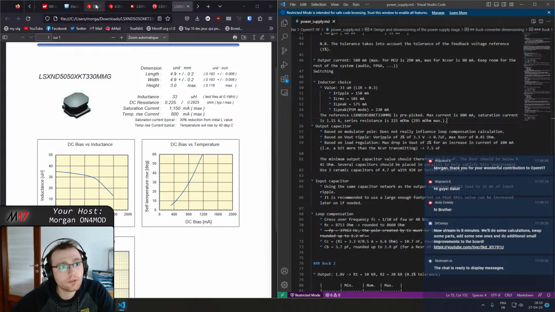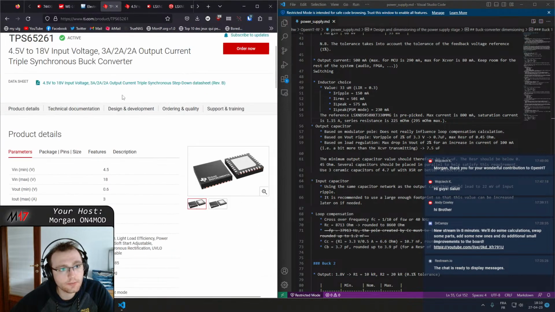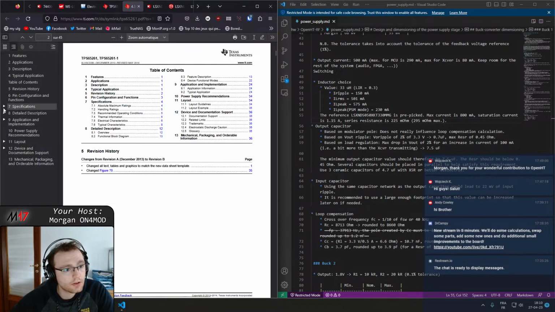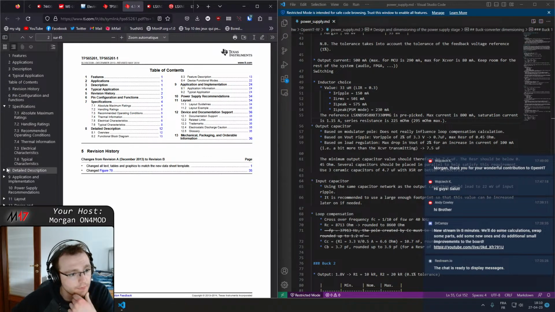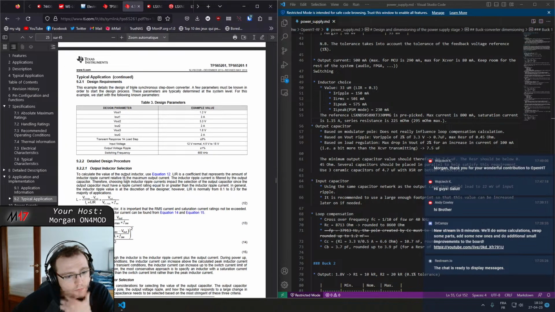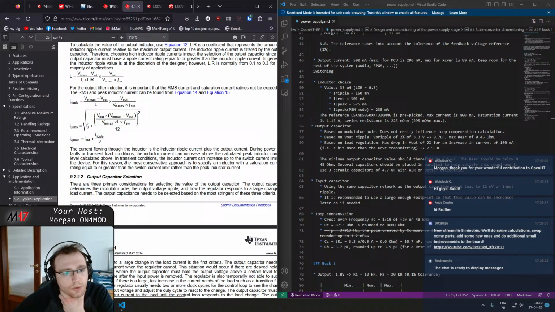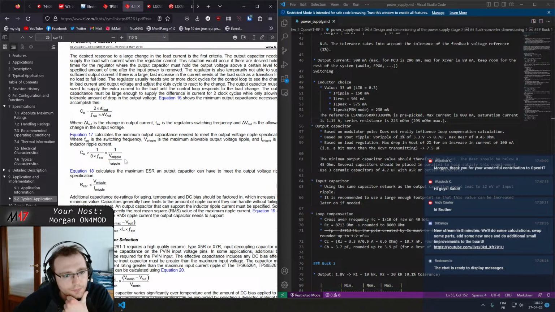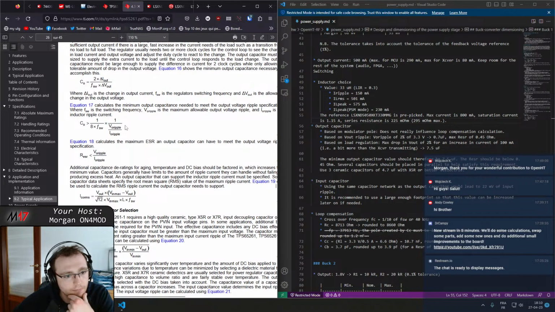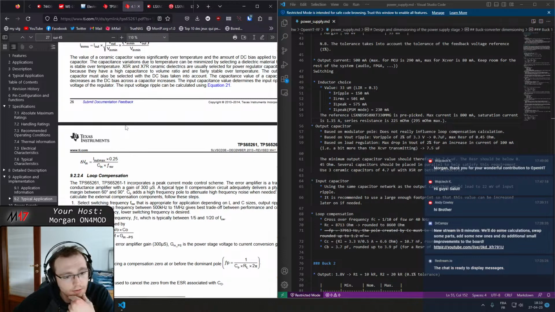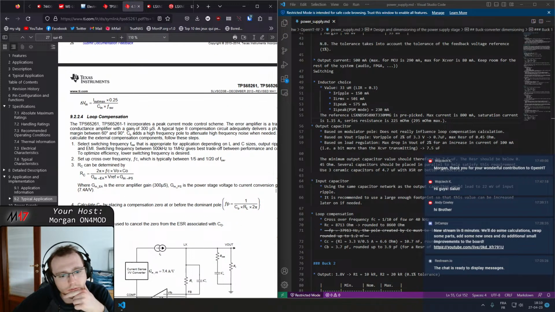Okay, so now we go in the datasheet and I think it is, yeah, okay, right here. So we are gonna have a look at everywhere where they use the series resistance of the coil. Where is it?